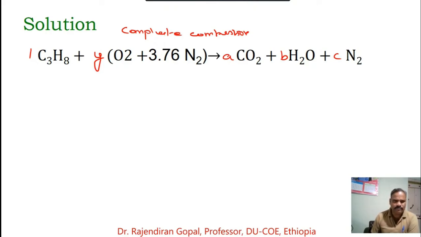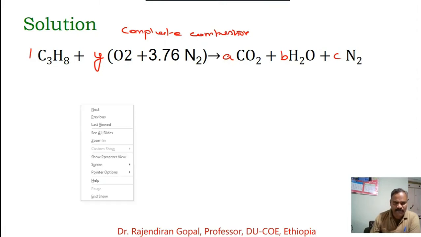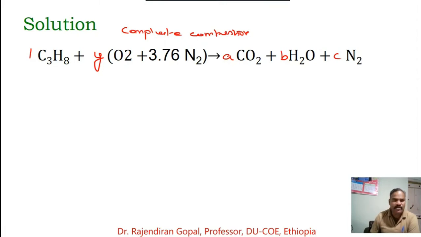Now we have to find out the amount of air required for the complete combustion. There is a shortcut way. If a fuel is CaHbNcOd, it's a CHNO system.